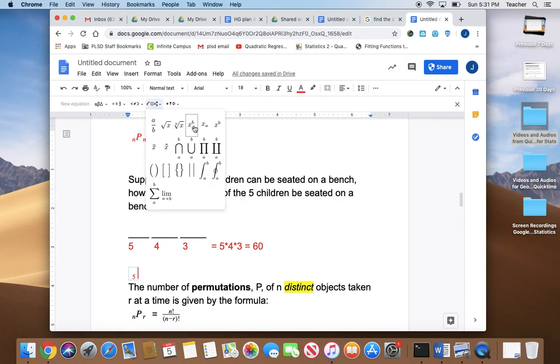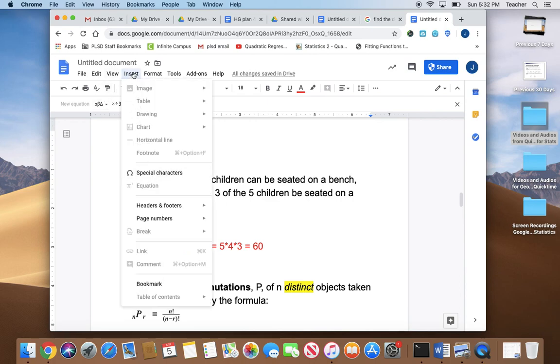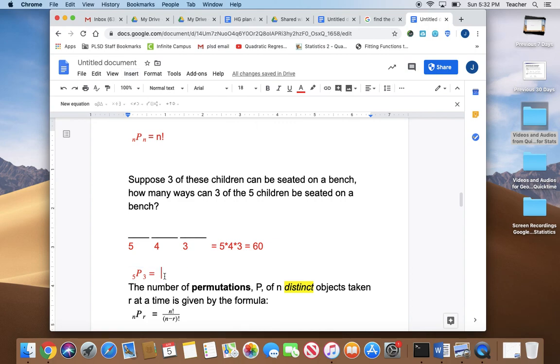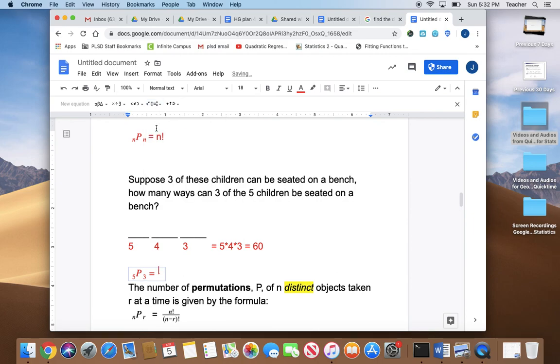I am taking 3 of them to put on a bench. So that's going to be equal to 5 factorial over, and you notice it's n minus r, so 5 minus 3, which is 2 factorial.